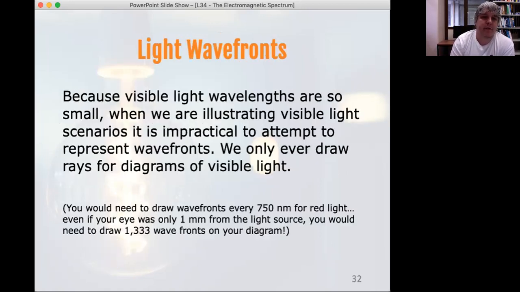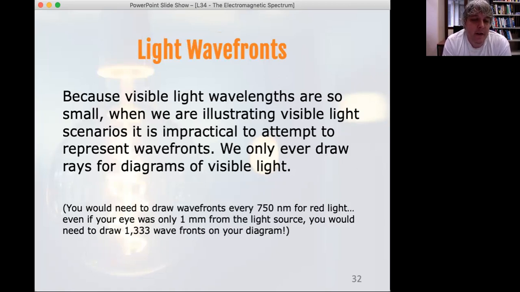What about wave fronts for light? Wavelengths for visible light are very small. Remember, the wavelengths for visible light are 750 nanometers. That's for red light. It varies, there's a range, obviously.